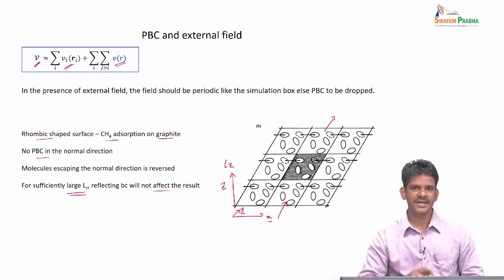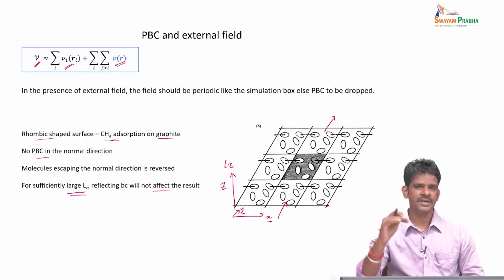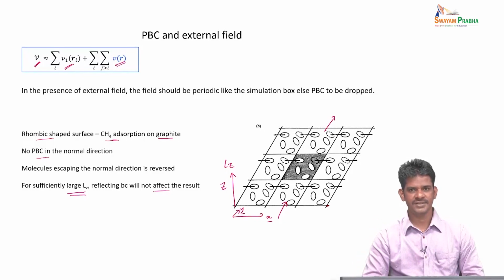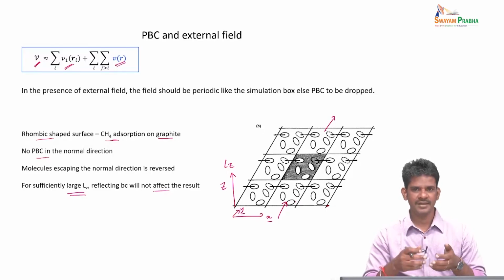You keep increasing until you reach a threshold L value, the normal edge length, and then you see up to when you can trust your data, that it is not dependent on the Lz value on the top. So these are some of the ways in which you can handle such physical situations of adsorption or external field.